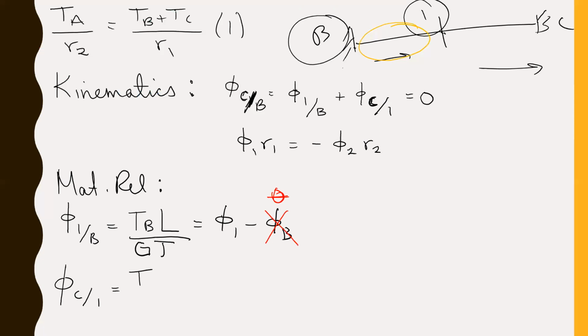So that tells us the torque applied to that section times the length. The length is now 3/2 L divided by GJ. This is equal to the rotation at C minus the rotation at 1. And we know that the rotation at C is 0. So that is then equal to the negative of the rotation at 1.